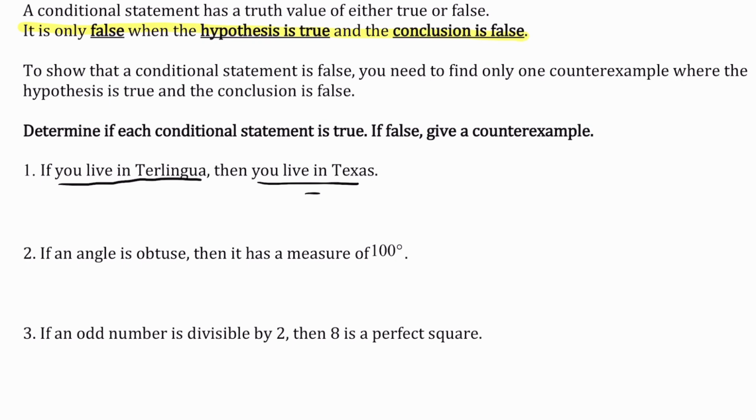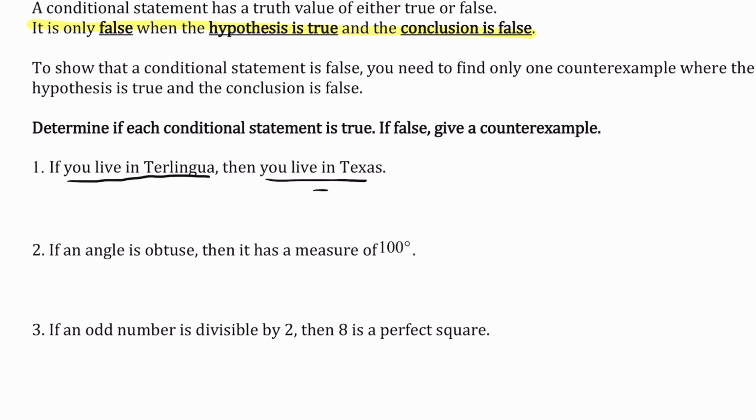Now let's take a look at the hypothesis here. You live in Terlingua. Well, is there a place called Terlingua anywhere in the world? If you Google it, yes, there is a place called Terlingua. So I'm going to go ahead and say true for the hypothesis here. Now, if you live in Terlingua, does it imply that you live in Texas?